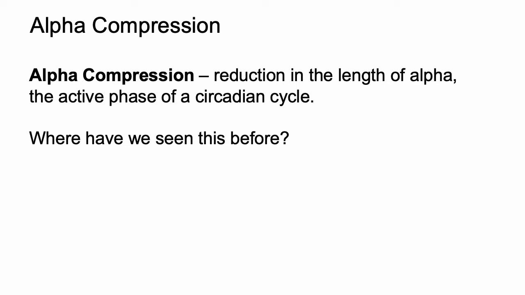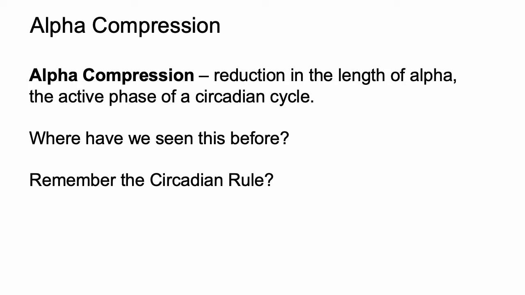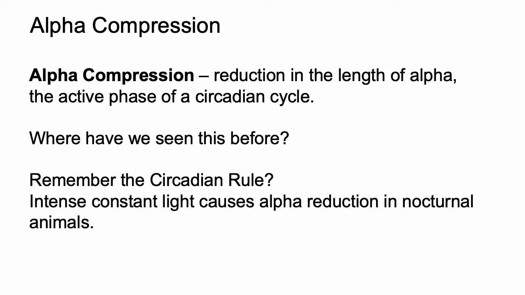Can you remember where we have seen this before? In a previous lecture, two or three lectures ago, we described it as a rule in which alpha levels are generally compressed. Do you remember the circadian rule? Part of the circadian rule is that intense constant light causes an alpha reduction in nocturnal animals.